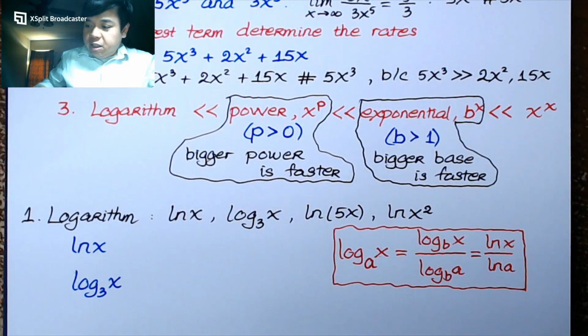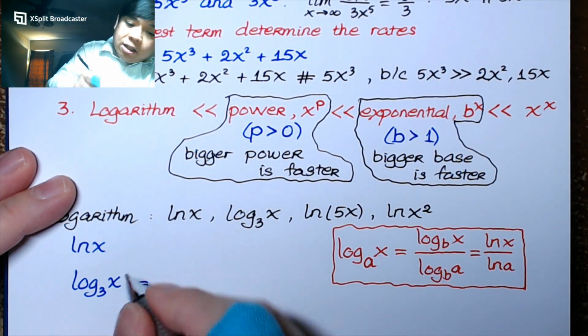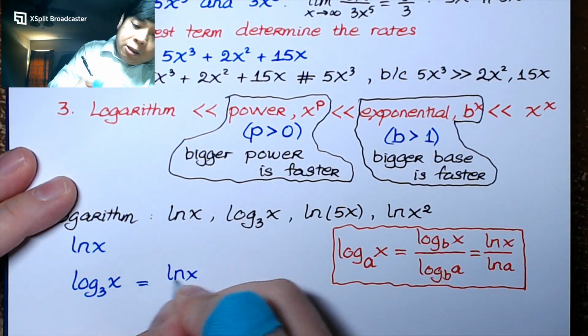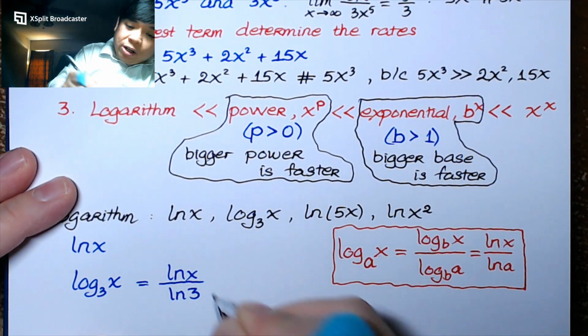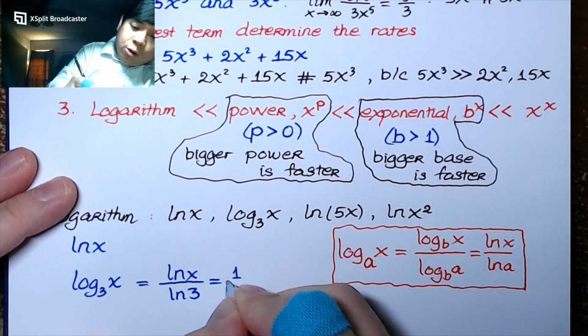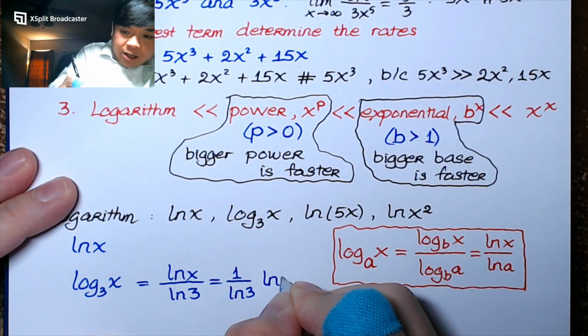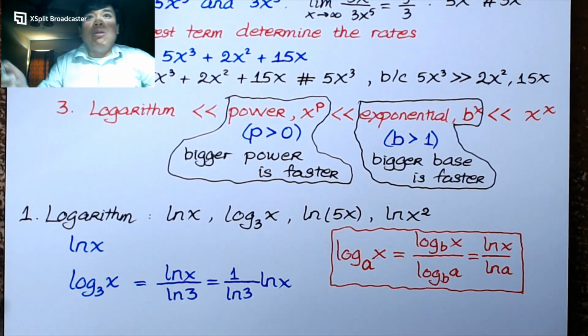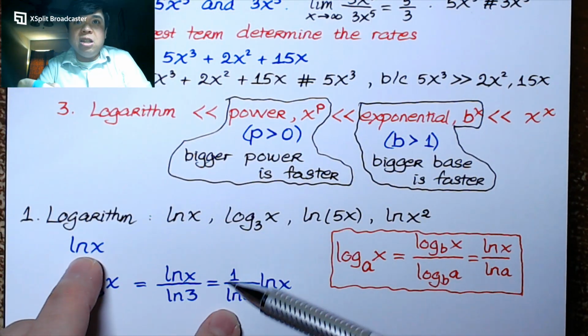And so in this case, we write log base 3 of x as ln of x over ln of 3. Now with that, you can write 1 over ln of 3 times ln of x. Now as you see, these two functions will have comparable rate because this is a constant.